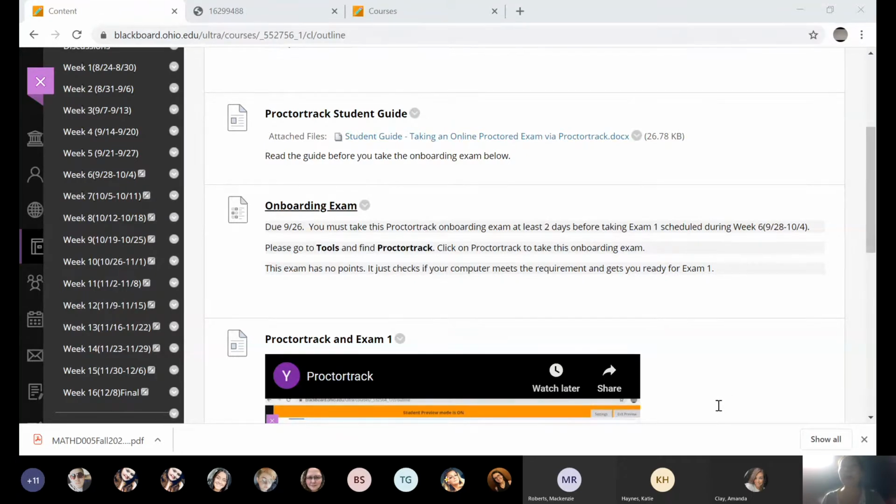With the proctor track, the good thing is you can take it anytime. Although in my syllabus I had it scheduled on Tuesday, you're going to have the option of taking it the whole week. So anytime next week, whenever you feel you're ready, you go take it. You can start from next Monday until Sunday, October 4th.